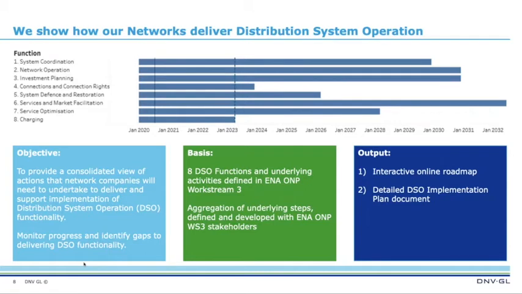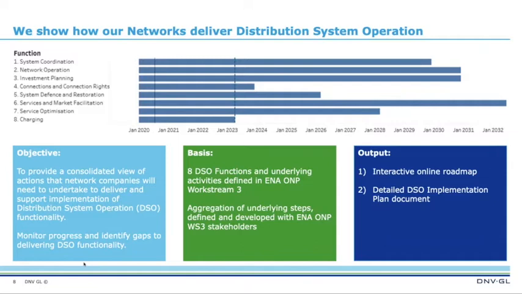As Steve has said, we've been commissioned to deliver this work. There are two key outputs to our engagement. The first is this interactive online roadmap, which hopefully you've all had a chance to access and look at online, and the link has been available to you.